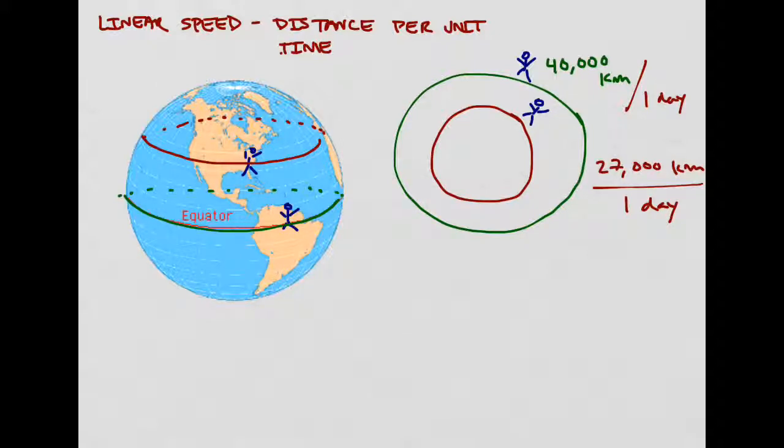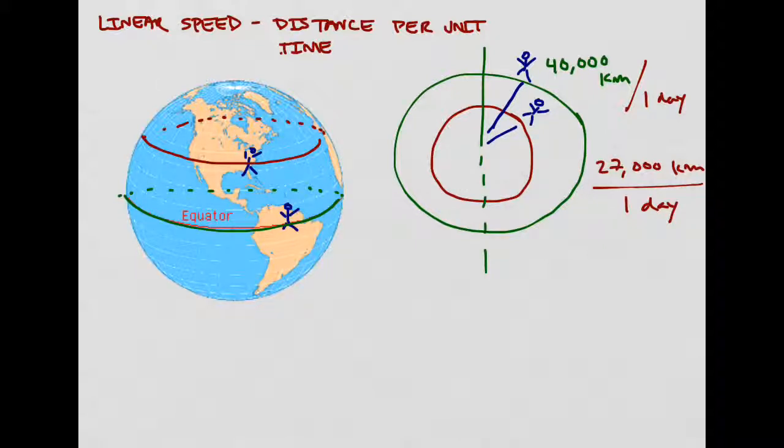If we superimpose our axis down here, then we see that our guy on the red circle, our guy in Connecticut, is closer to the axis than our guy at the equator.